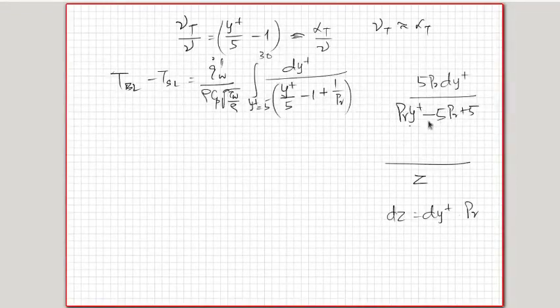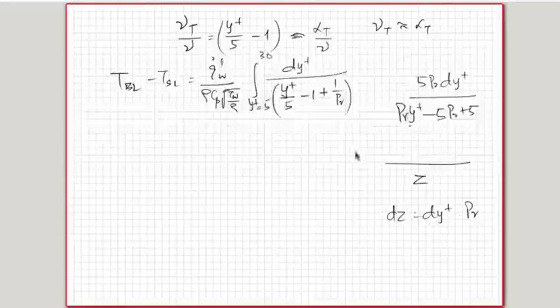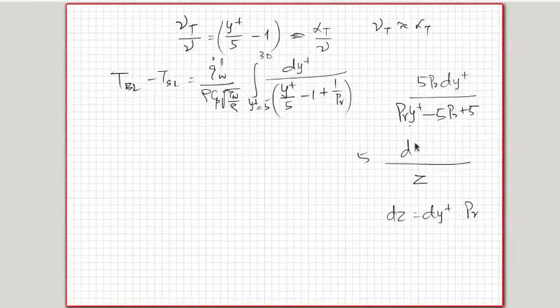Because if I take a common denominator 5 PR, this becomes a Prandtl Core. Okay, so if I take this as z, in the numerator the PR dy plus will be dz, so the 5 will actually come out, so it will be 5 times dz by z.